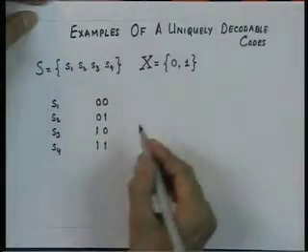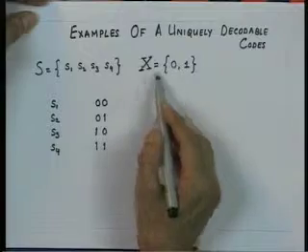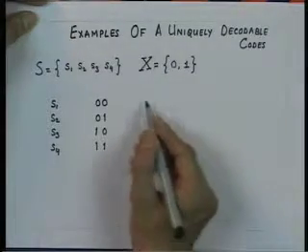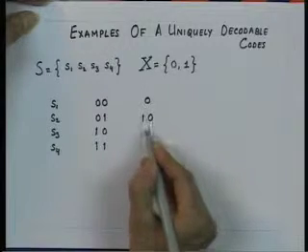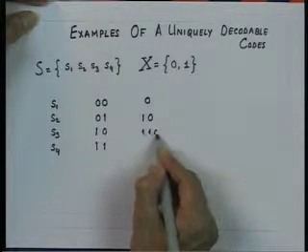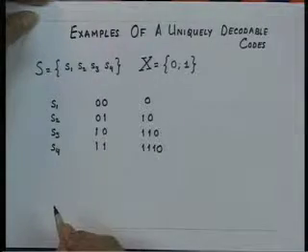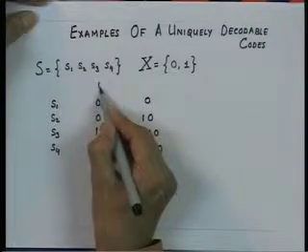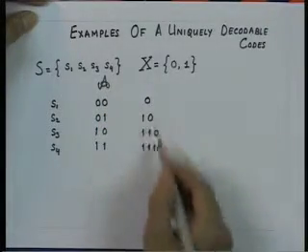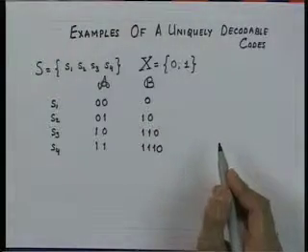Now, let me consider another code formed based on this code alphabet, which is given as 0, 10, 110, 1110. So, let me call this code as code A and let me call this code as code B.